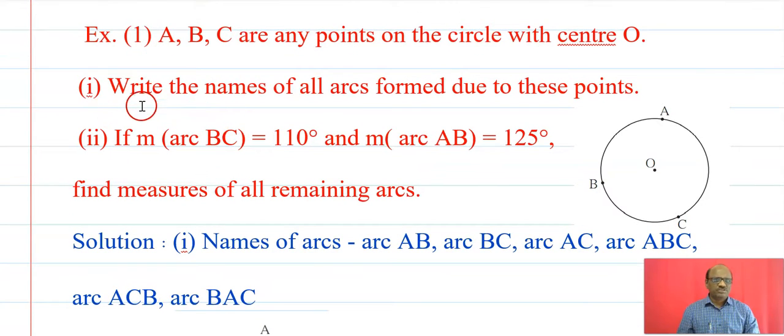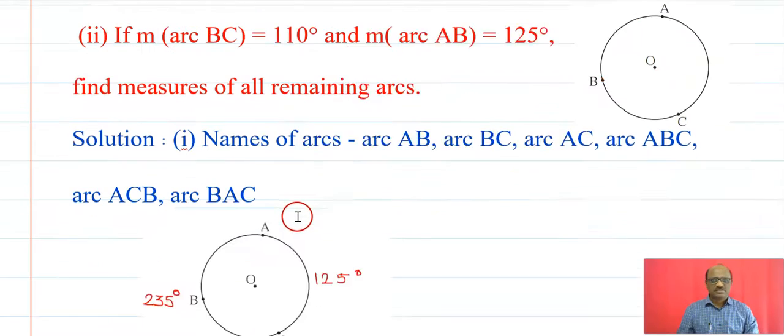First question: write the names of all arcs. Then arc AB, arc BC, arc AC, arc ABC, arc ACB, and arc BAC. These are the arcs of the circle.